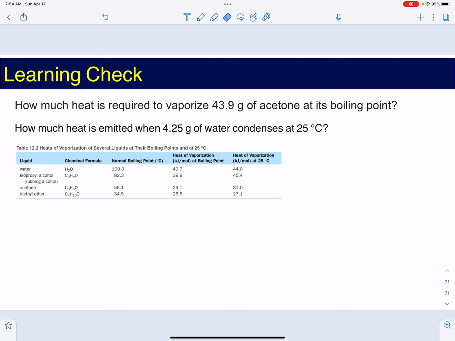What about this one? How much heat is required to vaporize? Vaporize is going from liquid to gas, so the molecules have to move faster and separate. So this one is going to require energy. We're going to need to add energy. How much is required to vaporize 43.9 grams of acetone at its boiling point?